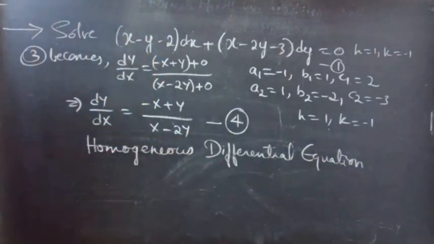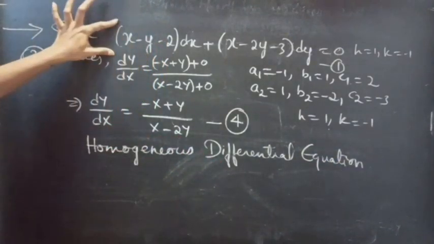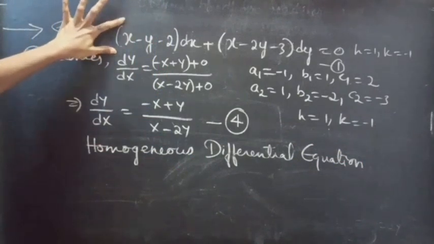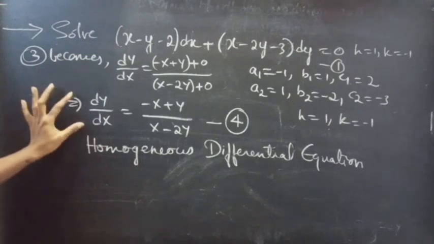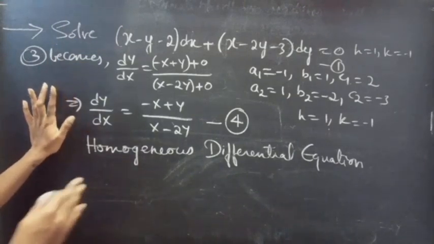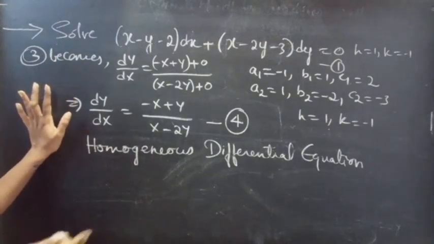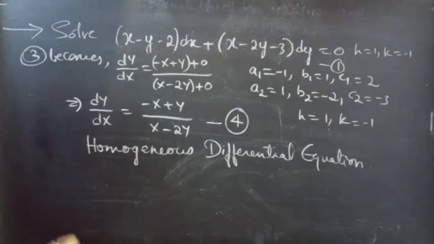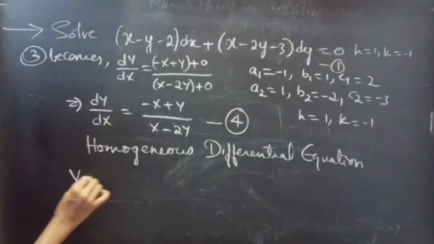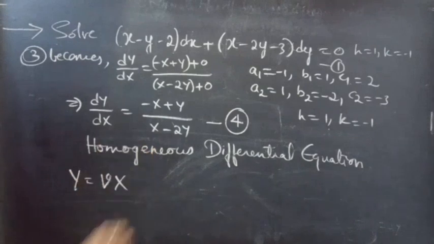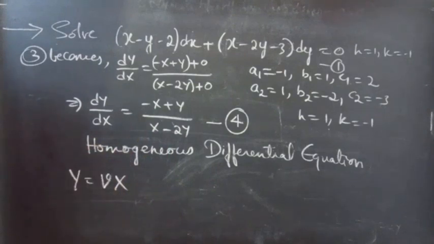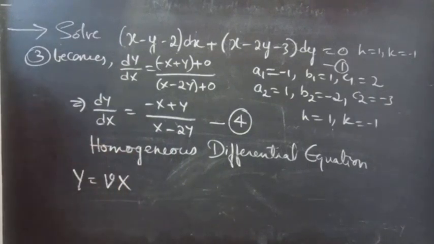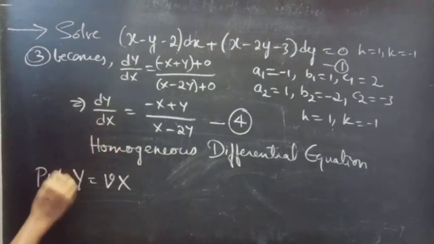So we have reduced the given non-homogeneous differential equation to a homogeneous differential equation. Now we'll solve this equation 4 by using the homogeneous method of solving. Simply put y equals vx.